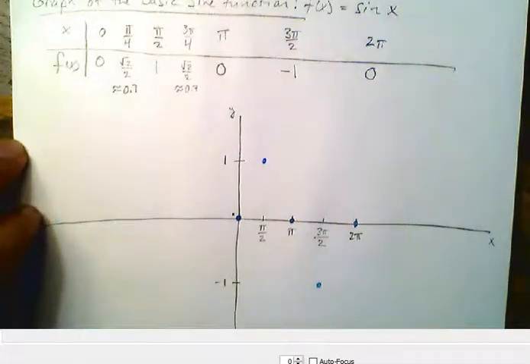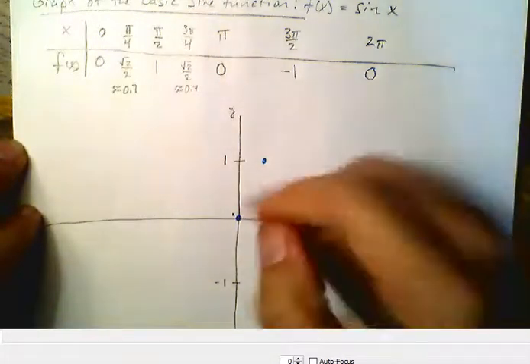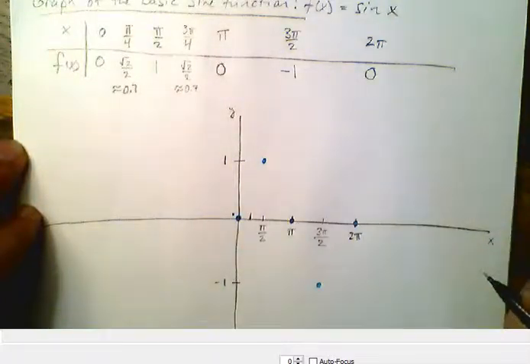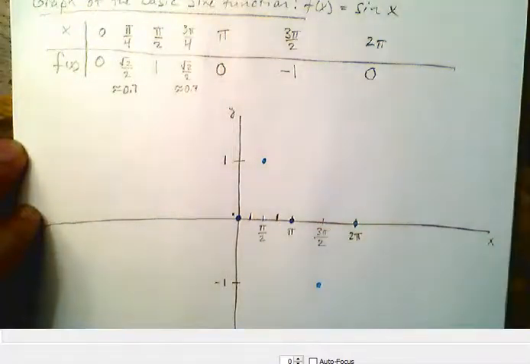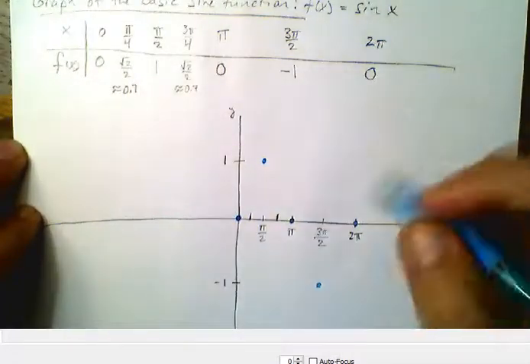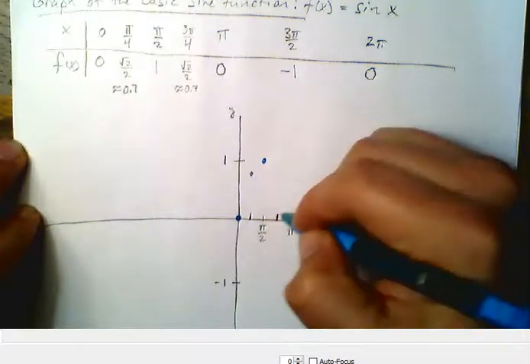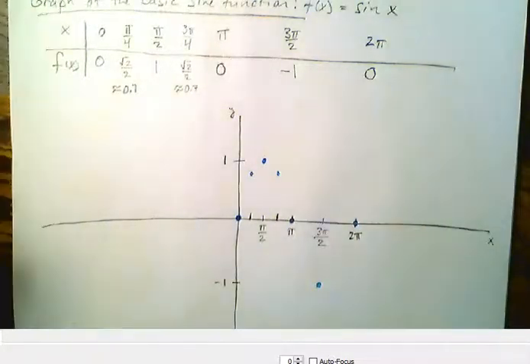Okay. So let's plot those 2 points approximately. So that pi over 4 is halfway between pi over 2 and 0. So pi over 4 would be right about there. And 3 pi over 4 would be right about there. So we just kind of estimate 0.7, maybe right around here, and there as well.